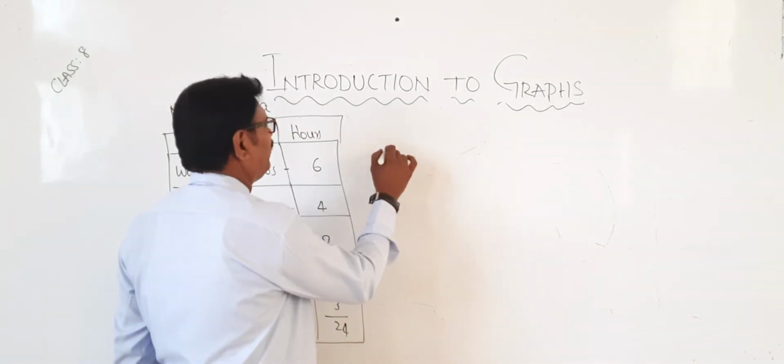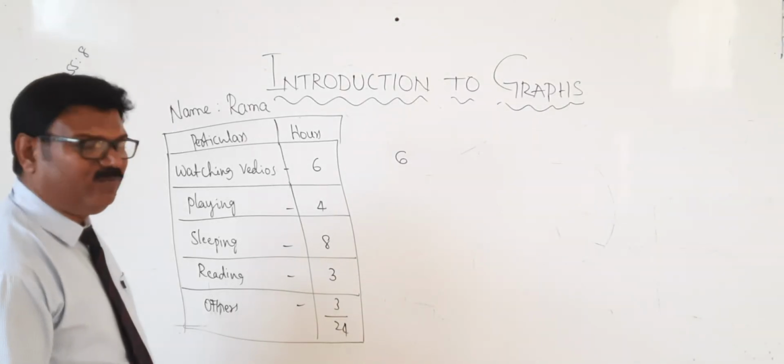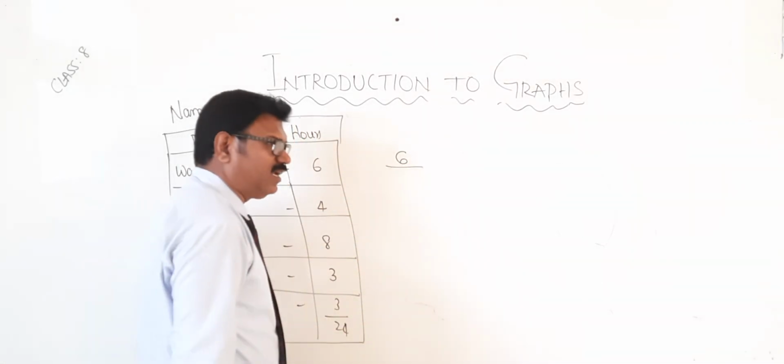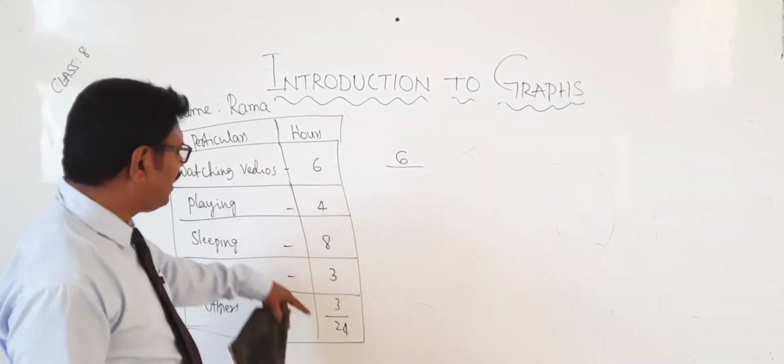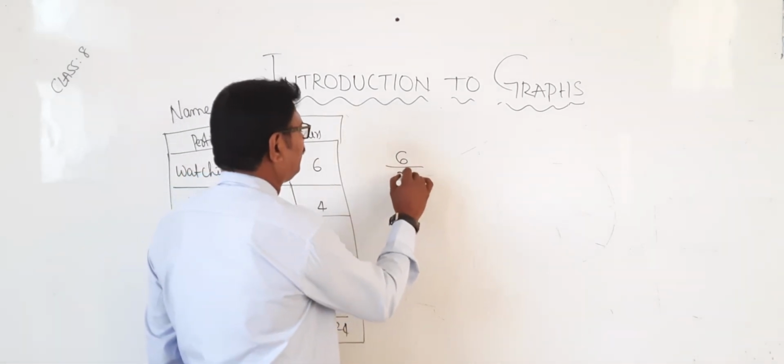First you take how many hours? Directly we can't write, therefore these hours will be converted to degrees. Very, very simple. First you write the number, afterwards you write the sum. Sum is how much? 24.